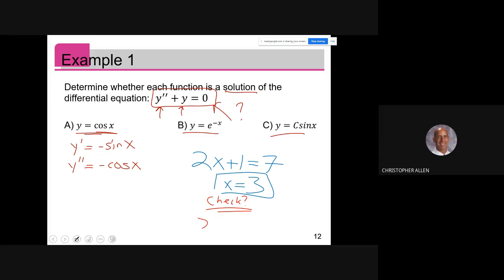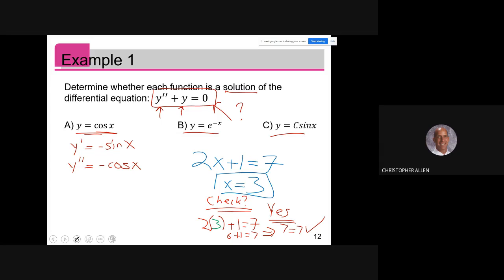So 2, and then I got to plug in 3 for the x. And then we got to check to see if that works. And you guys are going, okay, Mr. Allen, we get it. But let's just play along. We're going to do the same thing right here. We're going to get 7 equals 7. That's a check. So yes, it is a solution.